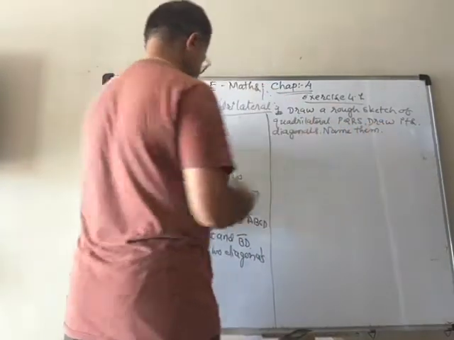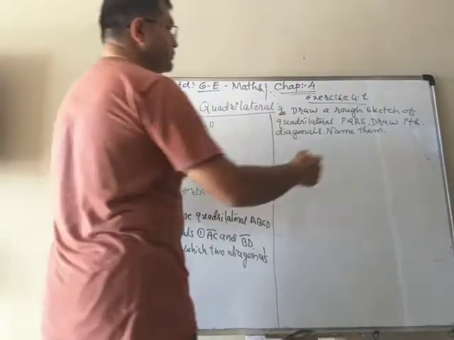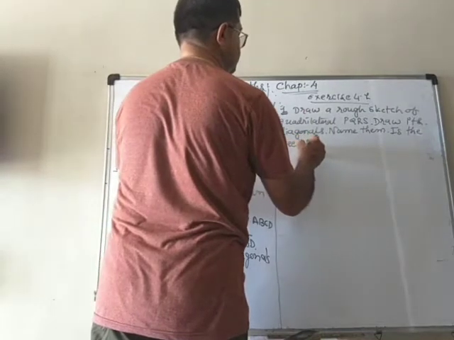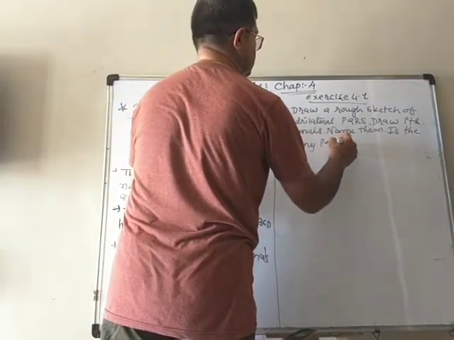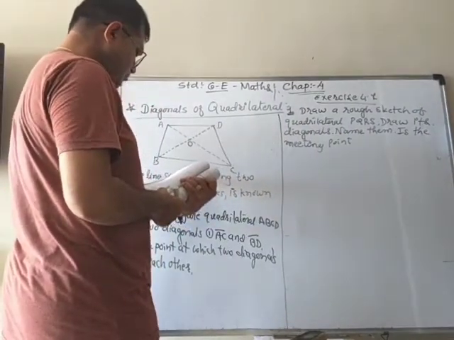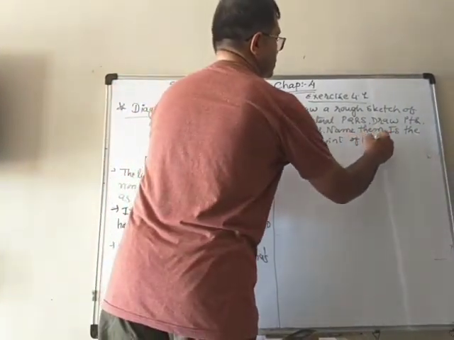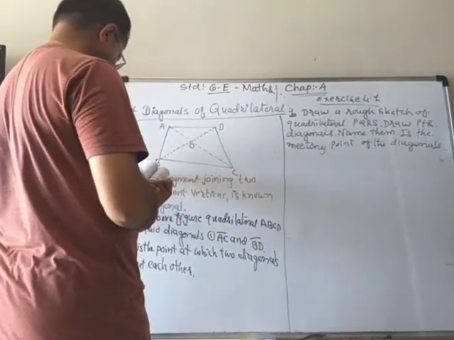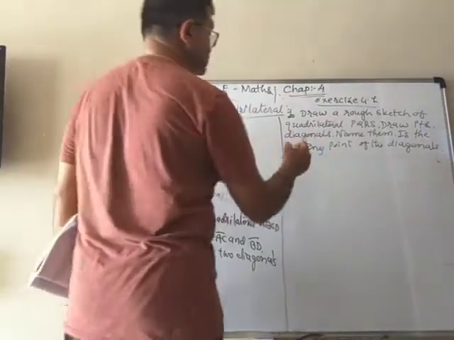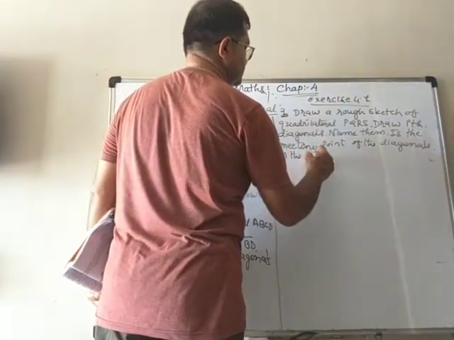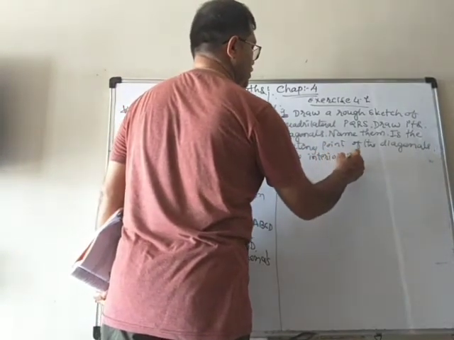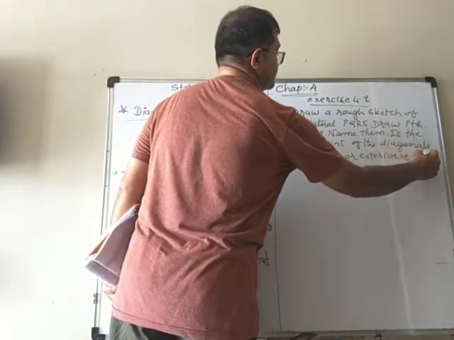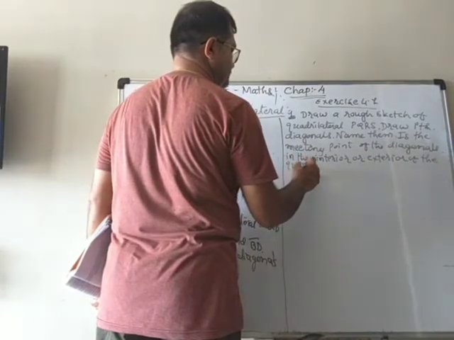Is the meeting point of the diagonals in the interior or exterior of the quadrilateral?